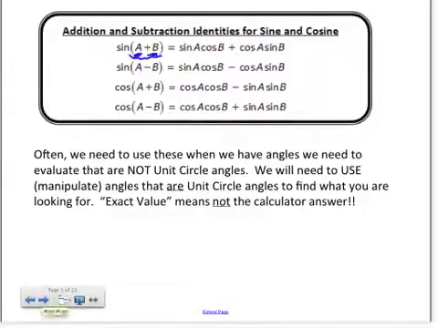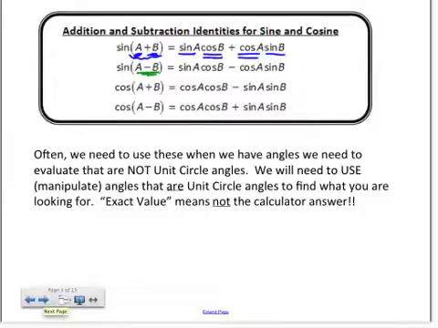And you take the sine of the first one, sine of A, times cosine of B, plus cosine of A times sine of B. Now, we're going to look at sine of A minus B and how that all works out in a minute.